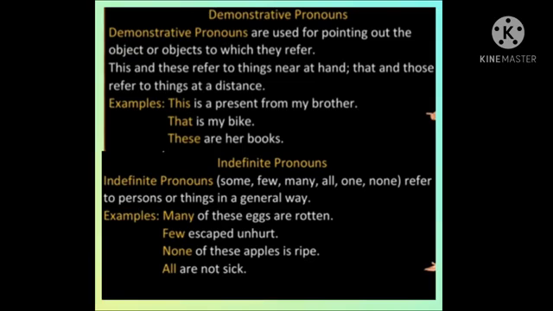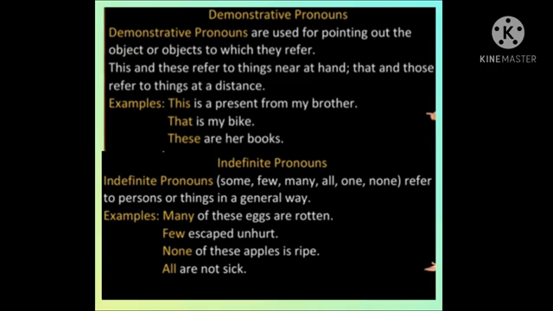This is used for singular objects near to us, and these is used for plural objects near to us. Imagine I am saying this is my pen, meaning that pen is nearby me and it is a singular piece. And I am saying these are my books. These books are near to me and they are plural.